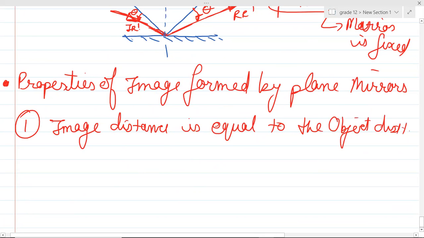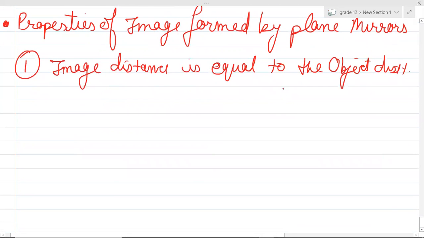For example, suppose I draw a diagram like this. Say this is the mirror, plane mirror. I'll try to draw two diagrams, okay?